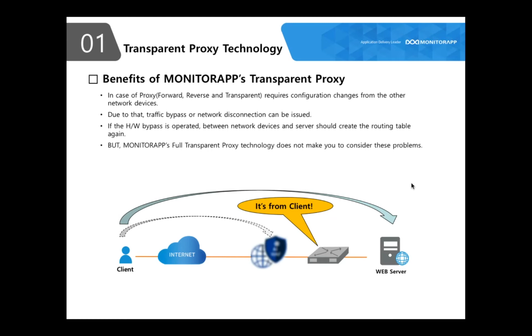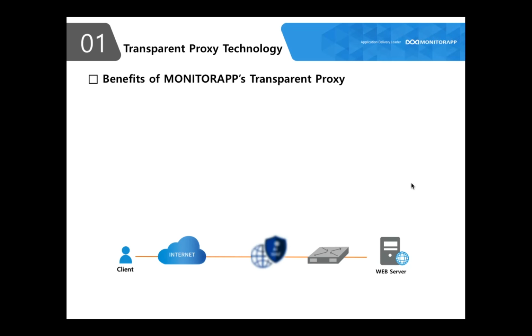So between Monitorapp's product and the web server, the client's IP or MAC address never changes. The switch thinks these packets are coming from the client, so it allows access to the web server. This is the reason why you don't have to consider these problems.